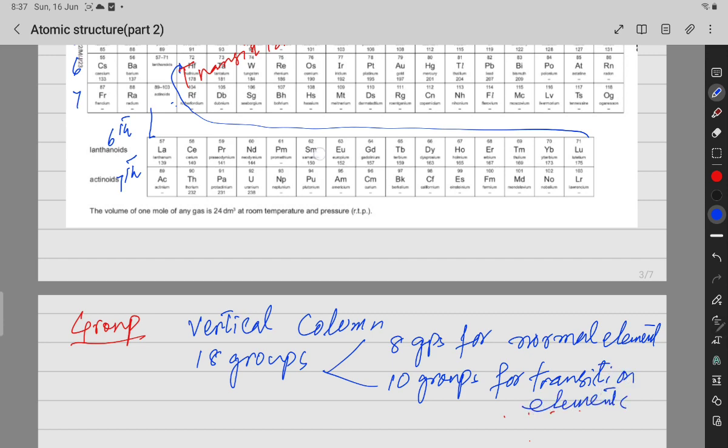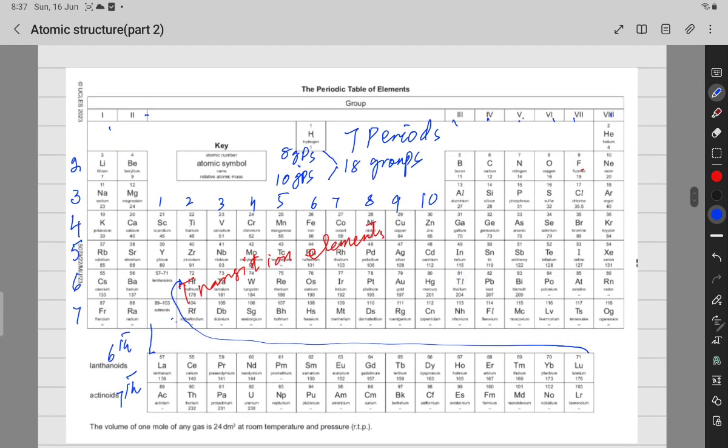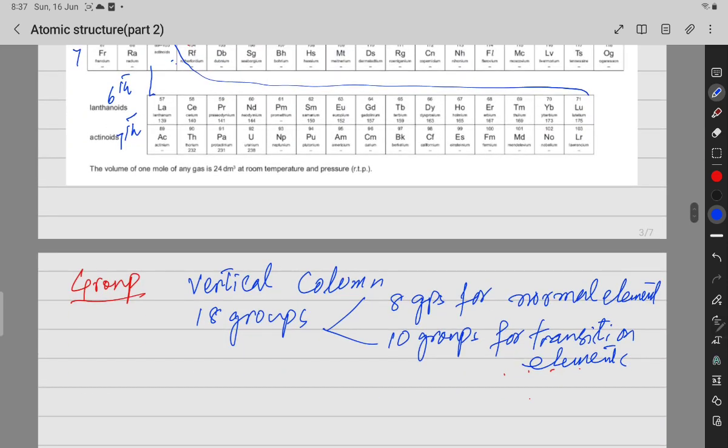Transition elements start from period 4. In period 1 we have two elements.